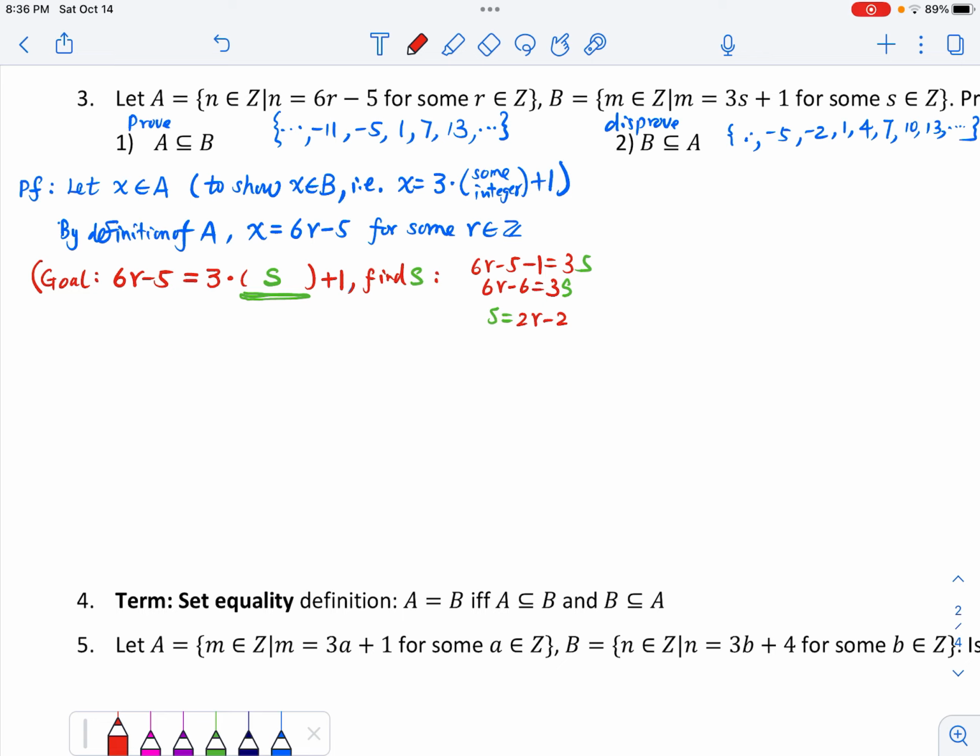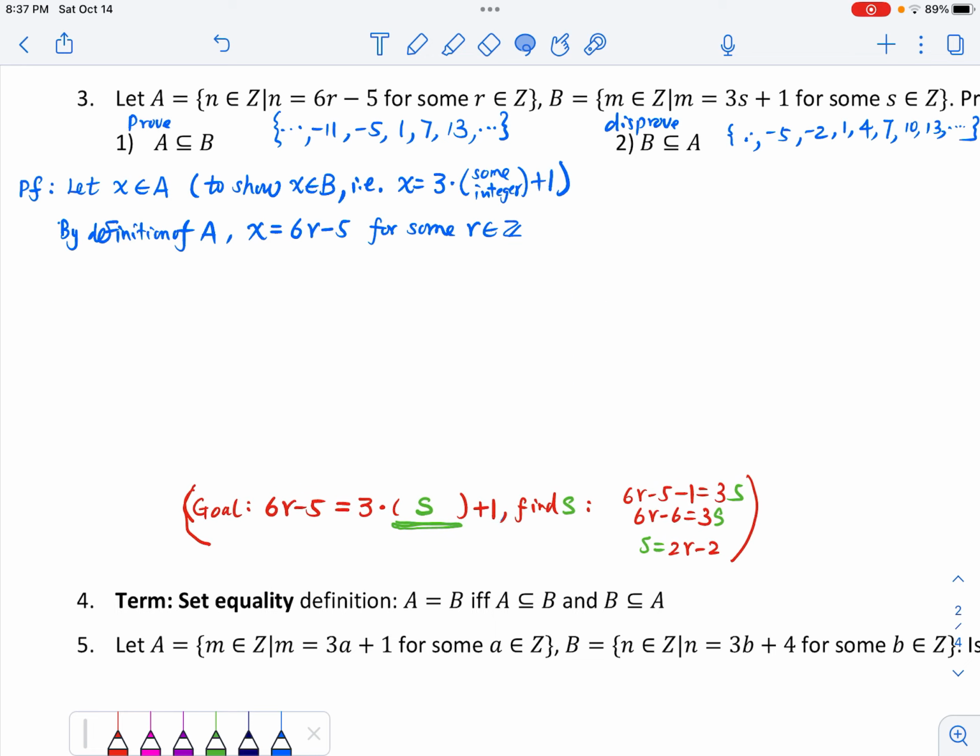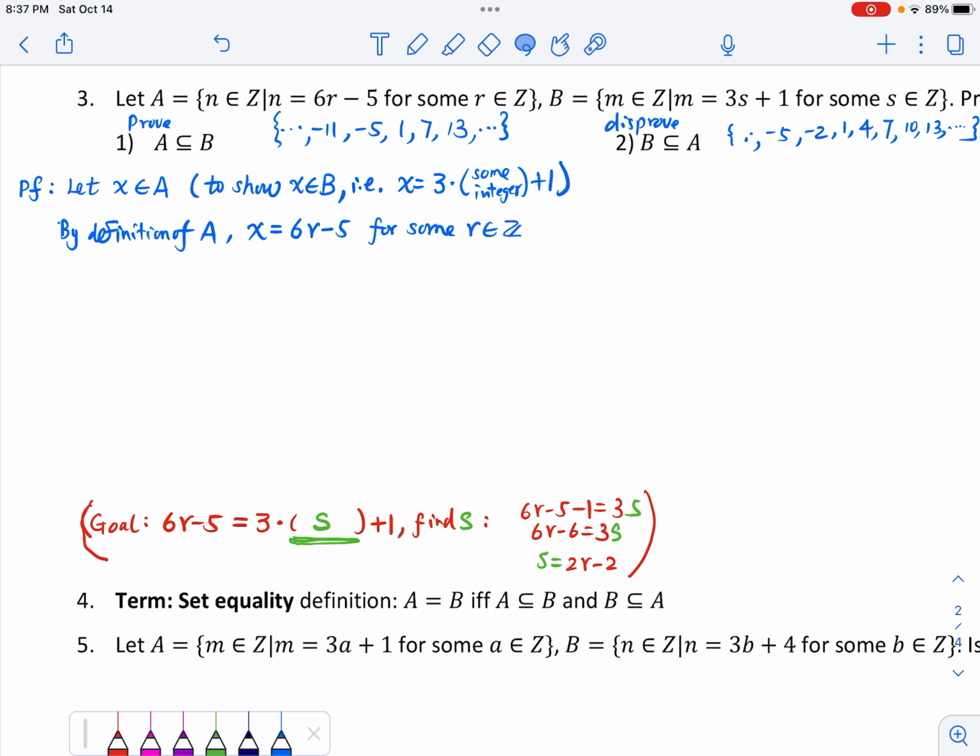I would not write this in my formal proof. I will never write this in my formal proof, but I will write it on my scratch paper. So in my notes, I'm just going to move it somewhere here. Pretend this is my scratch paper. I have this work here so that I know what s is.